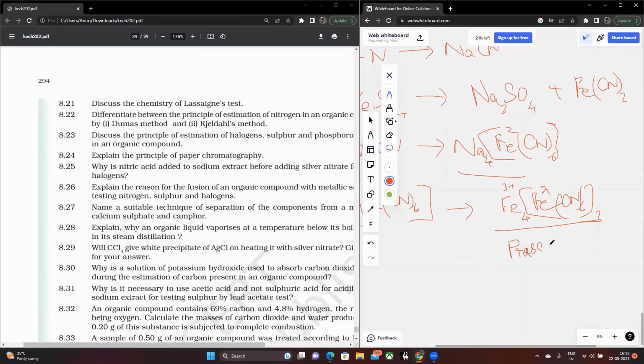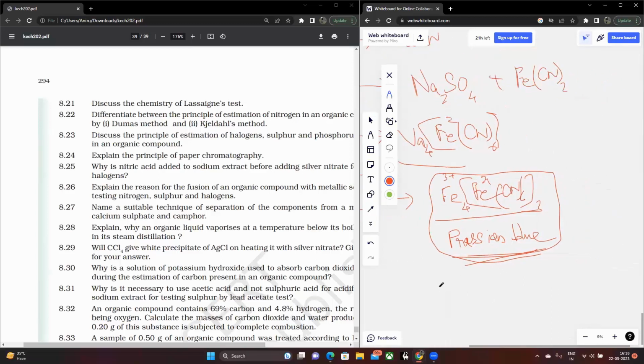It's a Prussian blue precipitate. Since it has this distinctive color, it is also known as the Prussian blue complex. Ferrous ferricyanide, ferric ferrocyanide, everything has the same meaning: this complex generates Prussian blue, a Prussian blue precipitate.